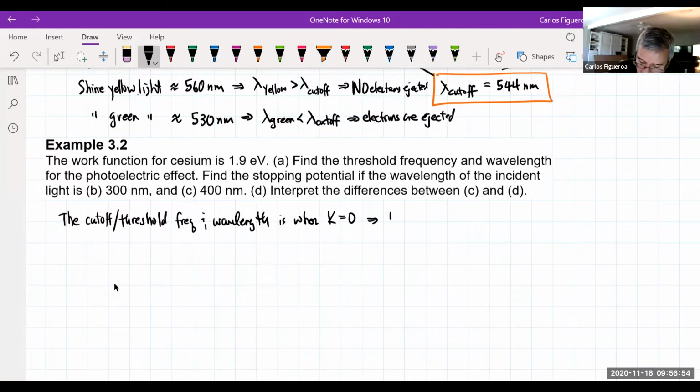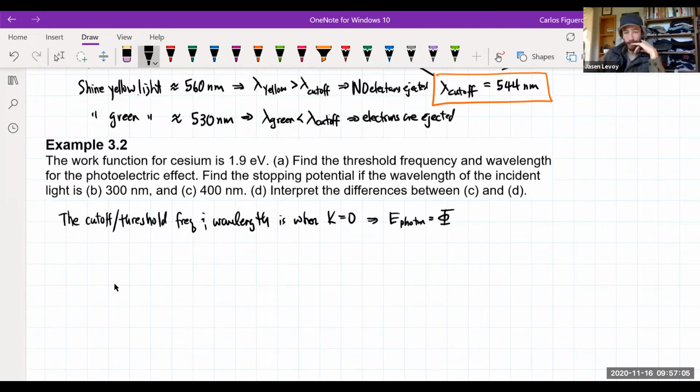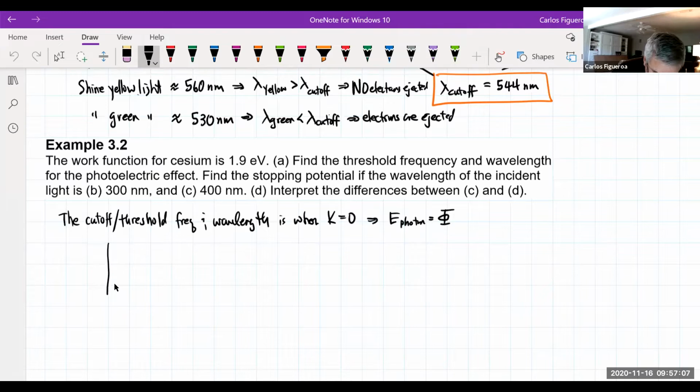That implies that the energy of the photon must be equal. It has to be balanced out by the depth of the well. So what do I mean by that? Well, there's two pictures that we should have in our mind.